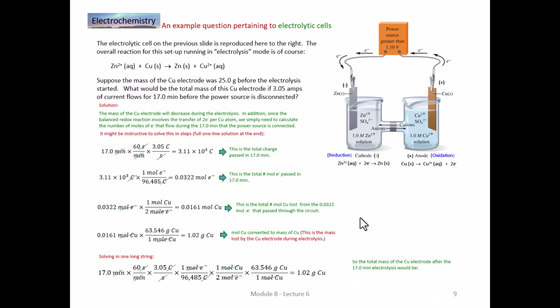Finally, what's really important here is figuring out what the final mass of the copper electrode would be. And of course, if you start out at 25 and lose about 1 gram, the copper electrode, after those 17 minutes, will weigh 24 grams.